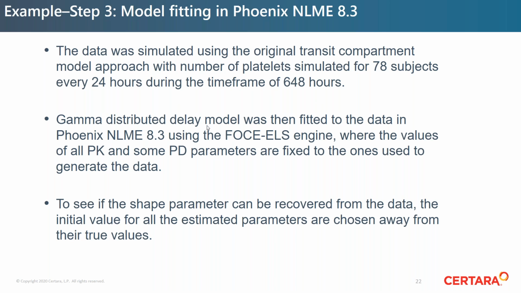And this gamma distributed delay model was fitted in Phoenix 8.3 using the FOCE ELS engine. The values of all PK and some PD parameters are fixed to the ones used to generate the data. Now, to see if the shape parameter can be recovered from the data, the initial values for all the estimated parameters are chosen away from the true values.